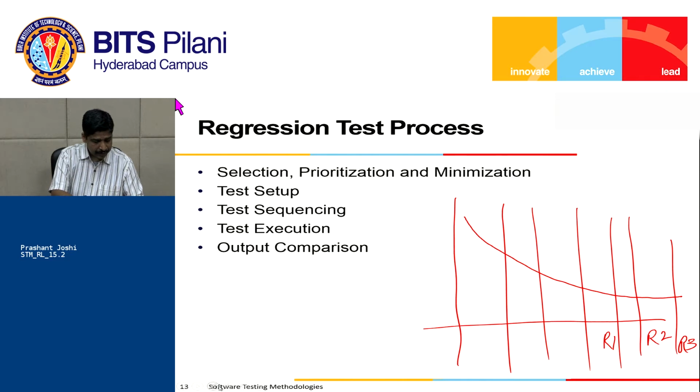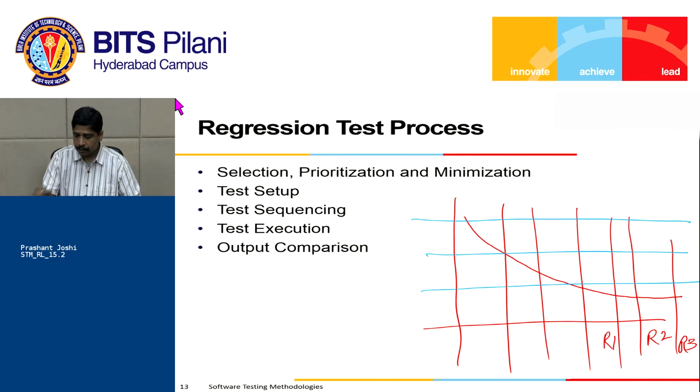But remember that, let's change the color here. What we are also looking at is that there is going to be certain effort here. This effort is all for the changed, deleted, modified pieces.